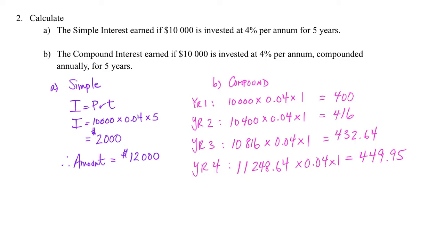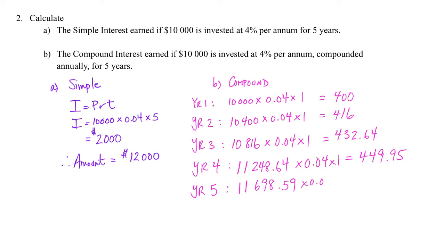Nice. If I take that $449.95 and I add that back on to my original balance at the beginning of the year, then I am starting year 5 with $11,698.59. Notice I'm already getting pretty close to that $12,000.